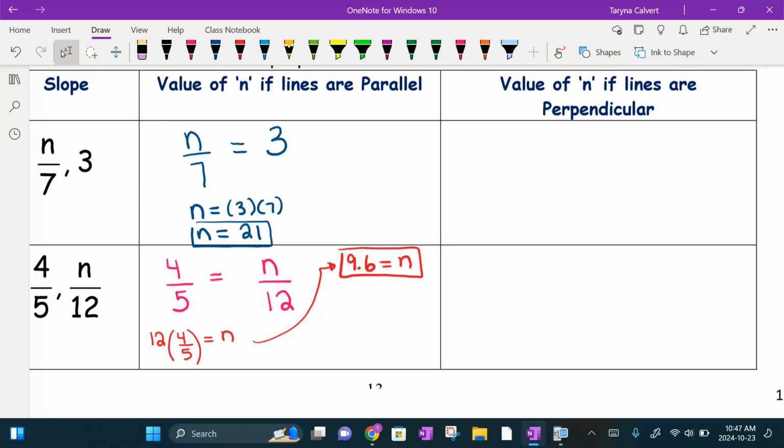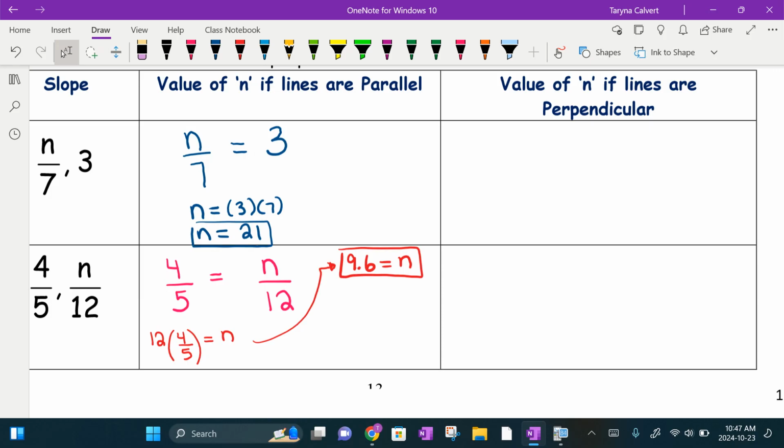Right. Do we need to reciprocate something? Yeah, so this is usually the way students want to do it, which, great success. So you have to pick one of them and reciprocate it, and then switch the sign. Because is that how we know they're perpendicular slopes? Yes. So it doesn't matter which one you choose, up to you. So which one do you guys want to flip, the first one or the second one?